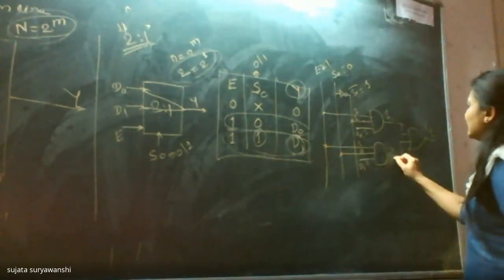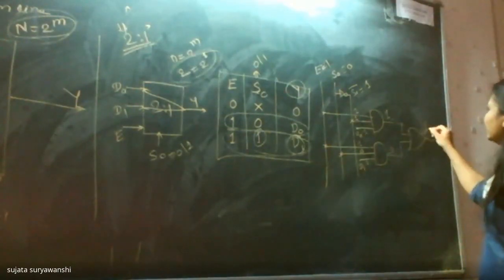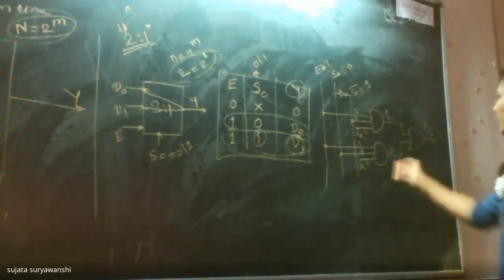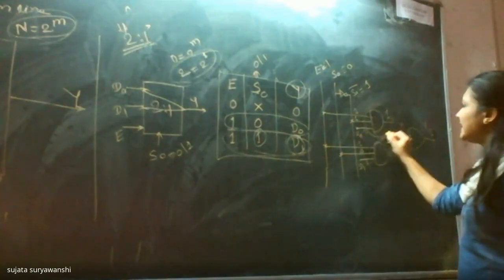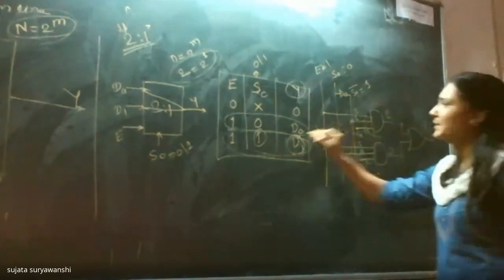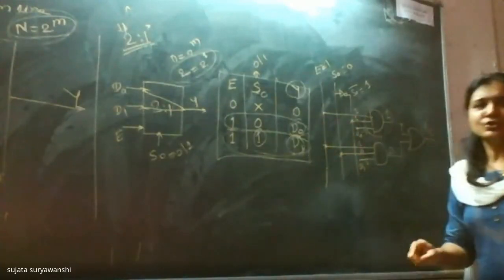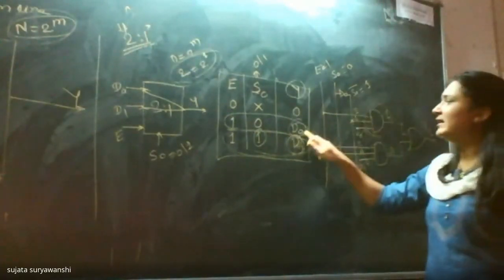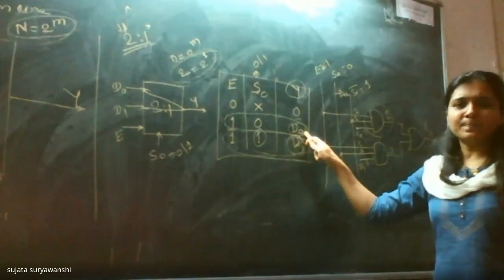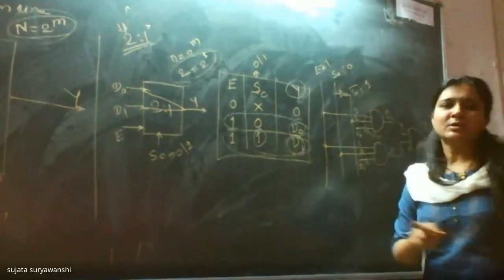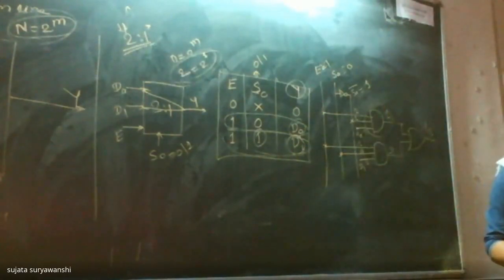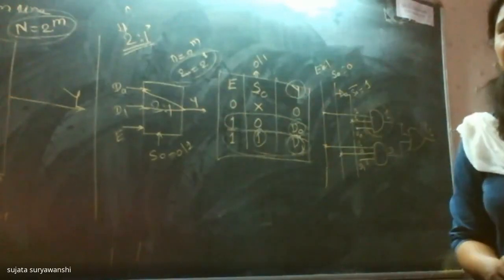With 1, 0 at the OR gate, the output Y comes from the AND gate that represents D0. So Y gets directly connected to D0 when S is equal to 0. Understood? Or any doubt?